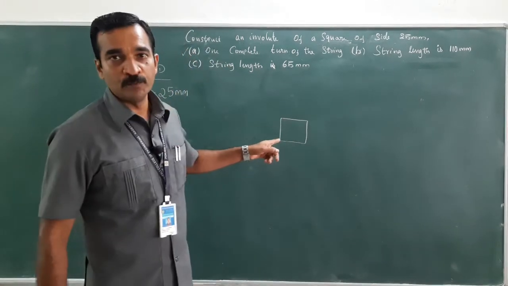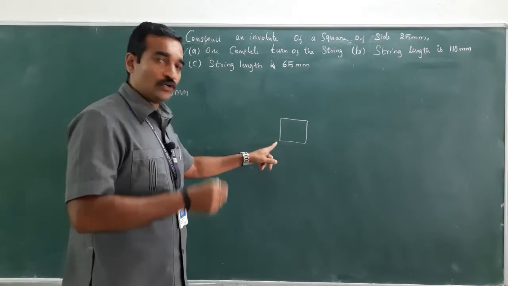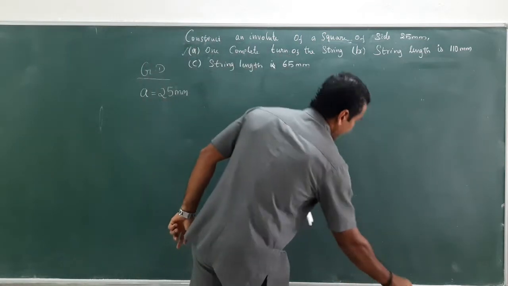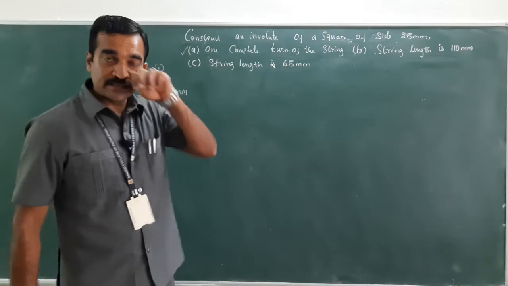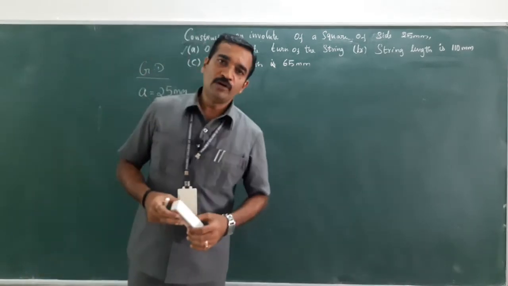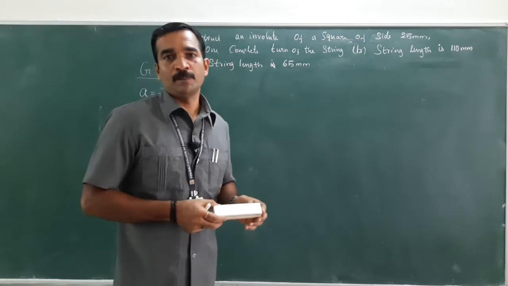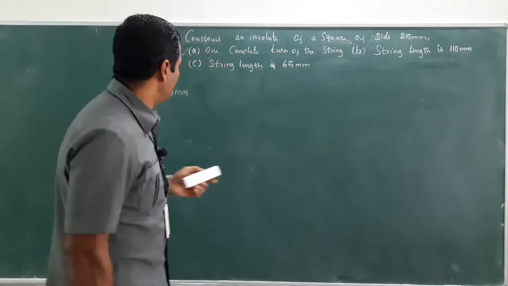By doing so, I complete one full turn of the string. Examples of the involute are the gear teeth profile and the casing of the centrifugal pump.